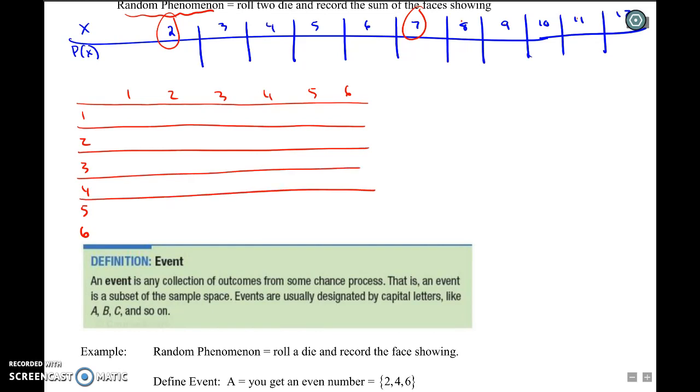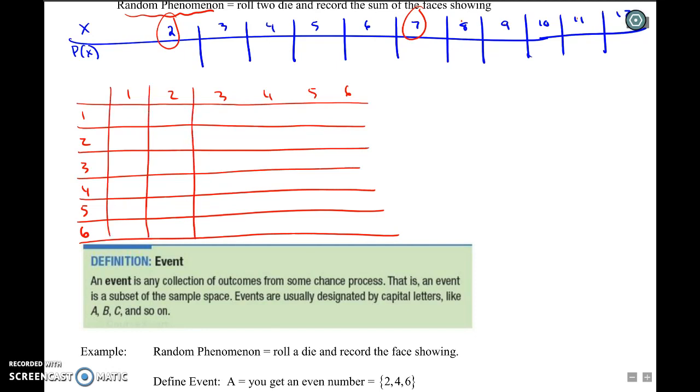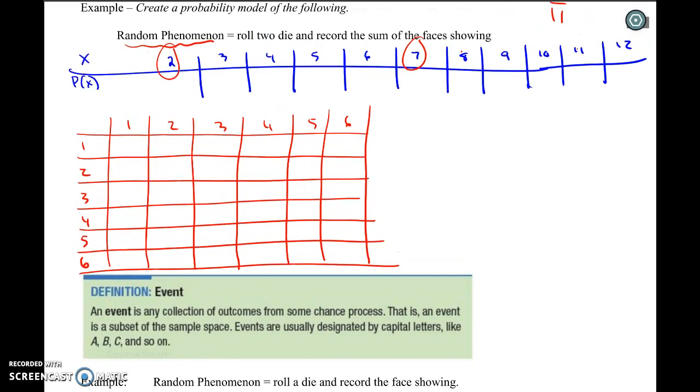Basically, I'm listing every single possible set of face values when I roll 2 dice. And the reason this is going to be helpful is I think you're going to see that these squares are actually equally likely.